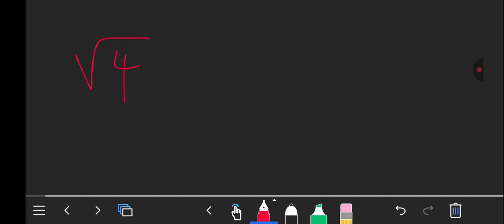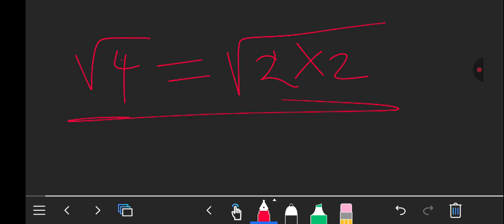When you have, let's say, square root of 4, we can express this in the form of square root of 2 multiplied by 2. There is no harm, because square root of 2 multiplied by 2 is just the same as square root of 4. I wanted you to understand that.